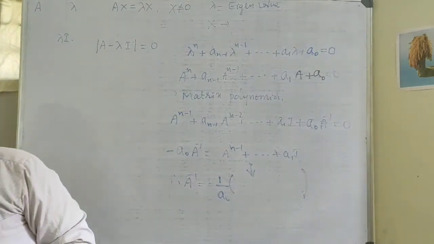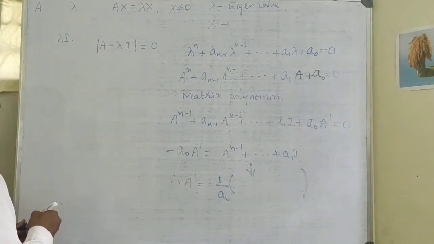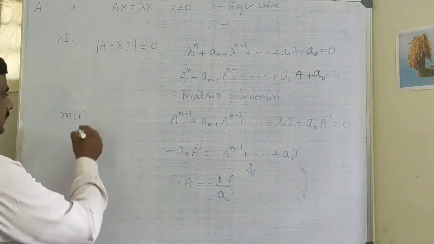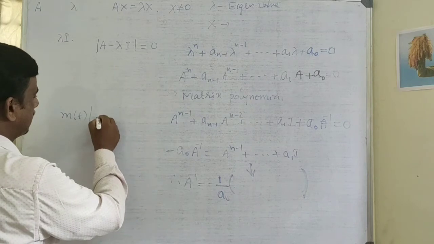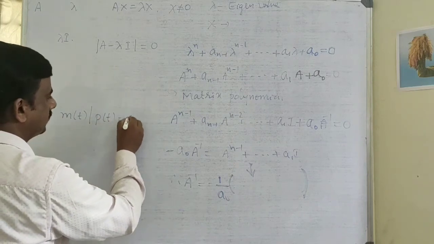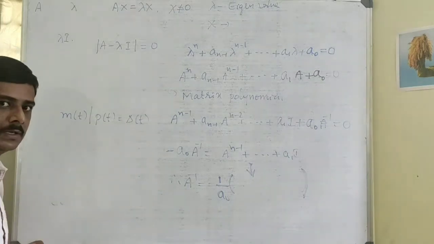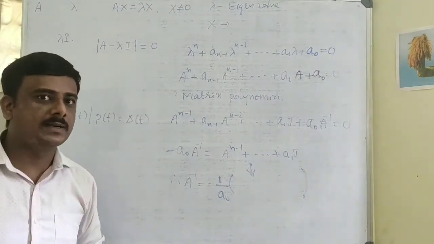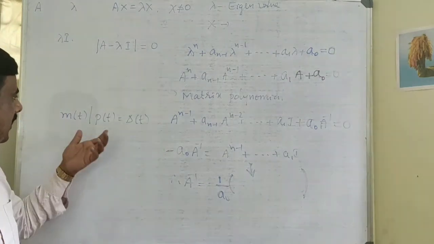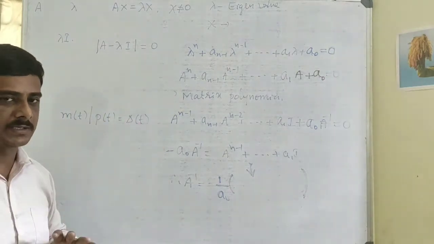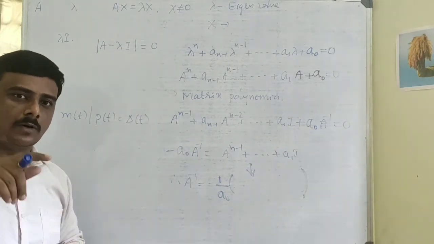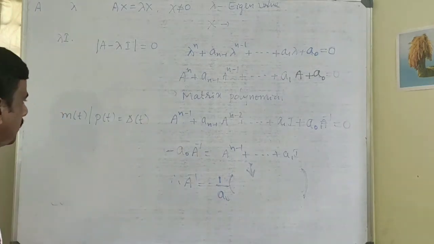In general, if you have the minimal polynomial, say m of t, then that always divides the characteristic polynomial. Characteristic polynomial we will take as p of t, usually you will take that as capital delta of t. So minimal polynomial divides the characteristic polynomial always. For some matrices you may have minimal polynomial equal to characteristic polynomial, but that need not be true always. Minimal polynomial is always a divisor of the characteristic polynomial.